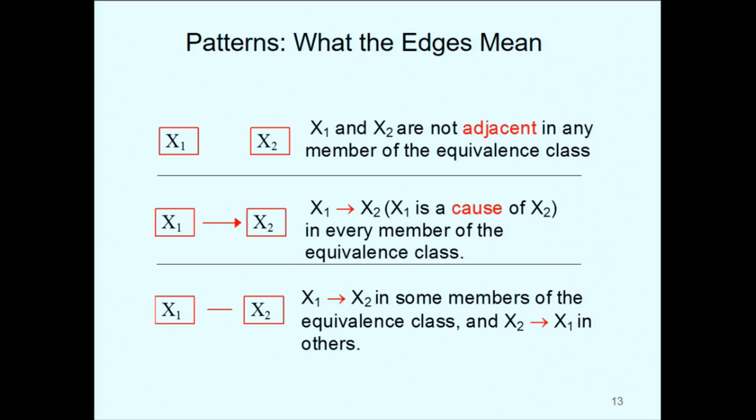If there's an arrow from x1 to x2, that means that x1 and x2 have that causal relationship in every member of the equivalence class. And as you would expect, if there's an undirected edge, that means we can tell they're adjacent, but we can't tell the direction or the orientation. So in some members of the equivalence class, x1 causes x2, but in other members, x2 causes x1. So what we know is limited, but we know something.